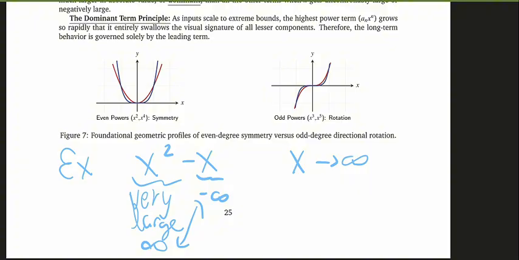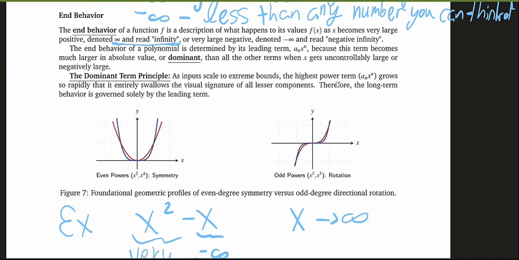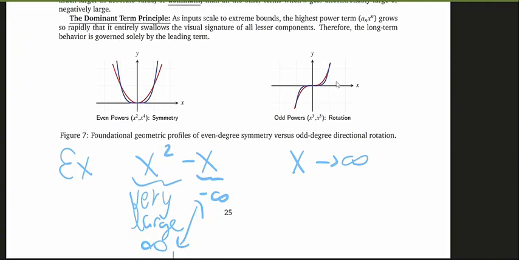The x squared goes to a gazillion, and the negative x goes to negative a gazillion, and they're pulling the polynomial towards opposite ends. One wants to go in the positive direction in the humongous way, and the other wants to go in the negative direction. The question is, which of these actually wins? What dictates the behavior of the polynomial?